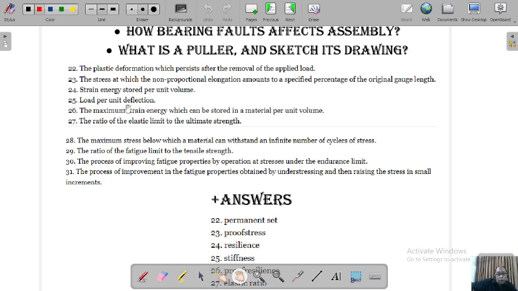Draw the load per unit deflection. What is number 5? Load per unit deflection. It will be the stiffness of the material, because you know F equals Kx. So K, you know it very well.